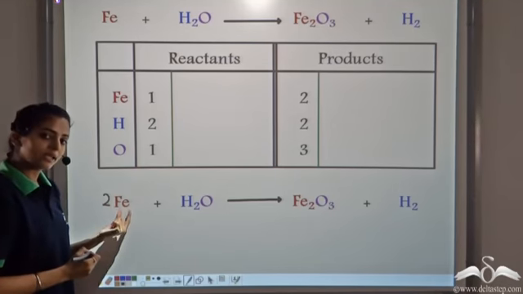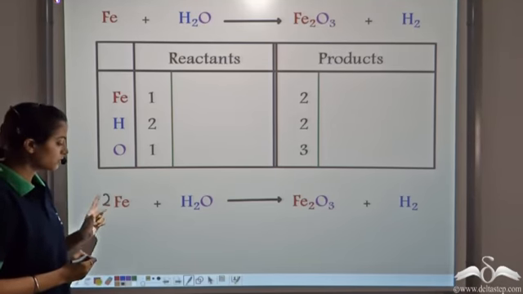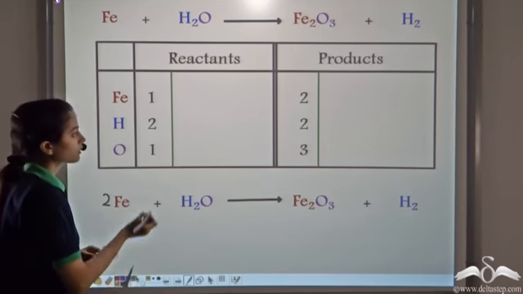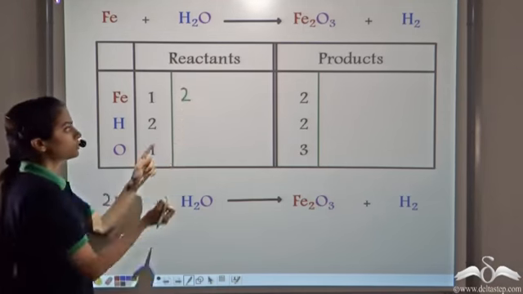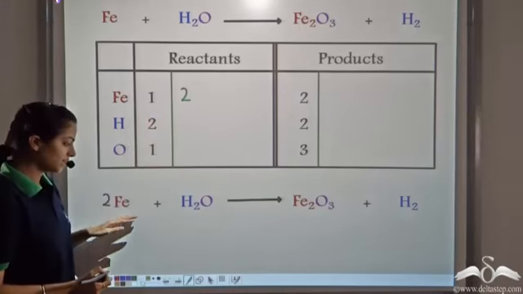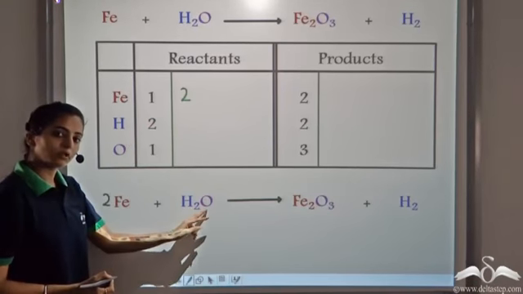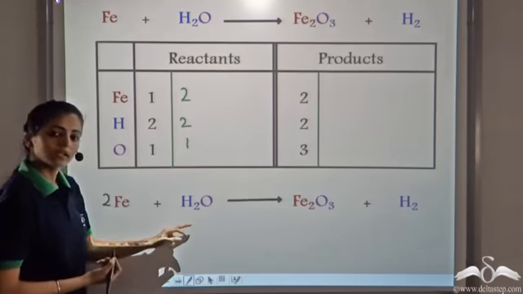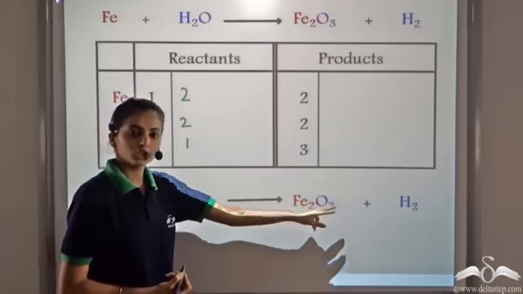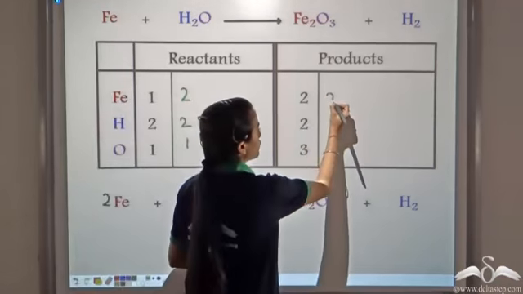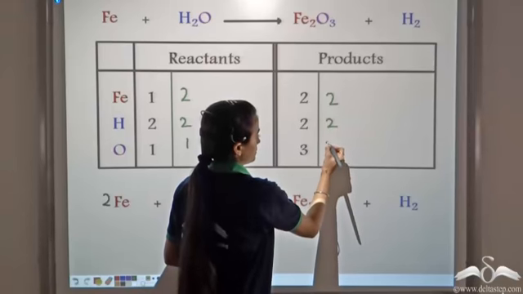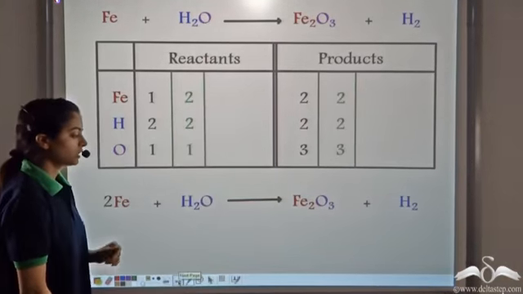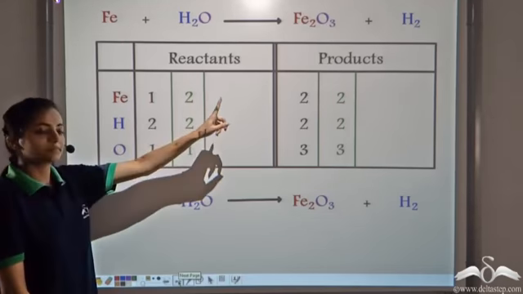So when we multiply this iron by 2, that is, we take 2 molecules of iron, we now have 2 atoms of iron on the reactant side. We have not changed the number of hydrogen and oxygen, so they remain the same. Similarly, on the product side, we have not changed anything, so the number of atoms remains the same. Now our iron is balanced.